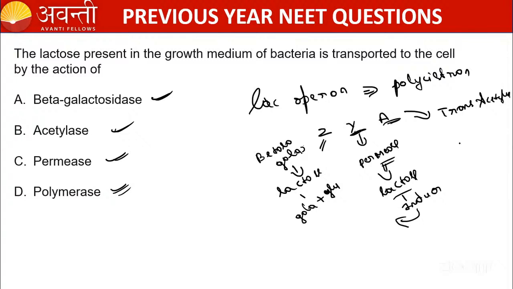Transacetylase is an enzyme which is going to activate the beta galactosidase for the breakdown of lactose into galactose and glucose. Remember, transacetylase activates the beta galactosidase enzyme. So the correct answer is permease.